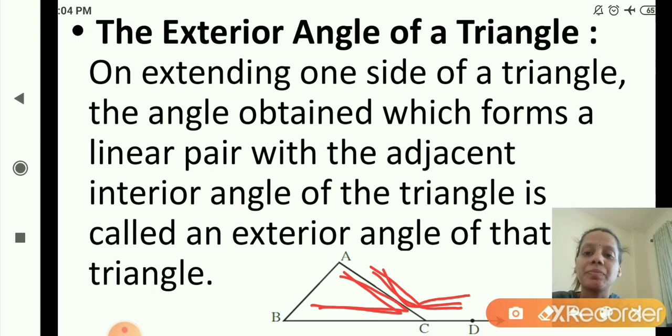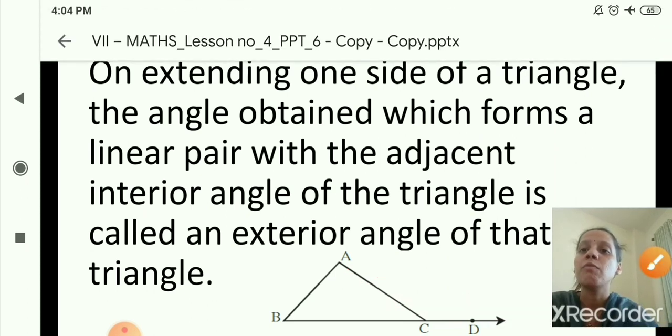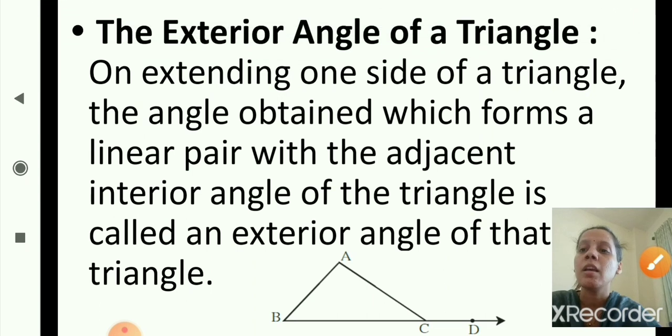So angle ACD is an exterior angle of a triangle ABC. I hope you are clear with this concept. The exterior angle of a triangle, on extending one side of a triangle, the angle obtained, which forms a linear pair with the adjacent interior angle of the triangle, is called an exterior angle of the triangle.